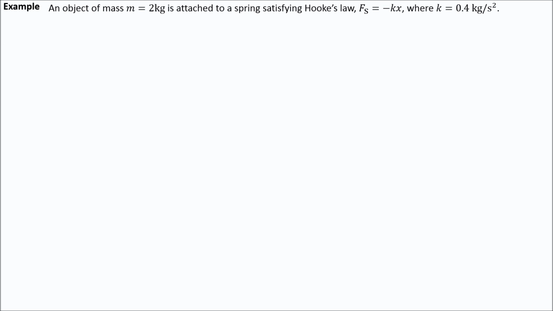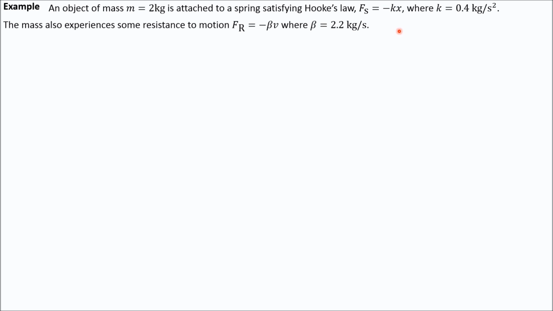So here's a physical example leading to our first higher order differential equation. We're going to have a mass attached to a spring, where the spring has a certain spring constant that says basically how hard the spring is to compress.